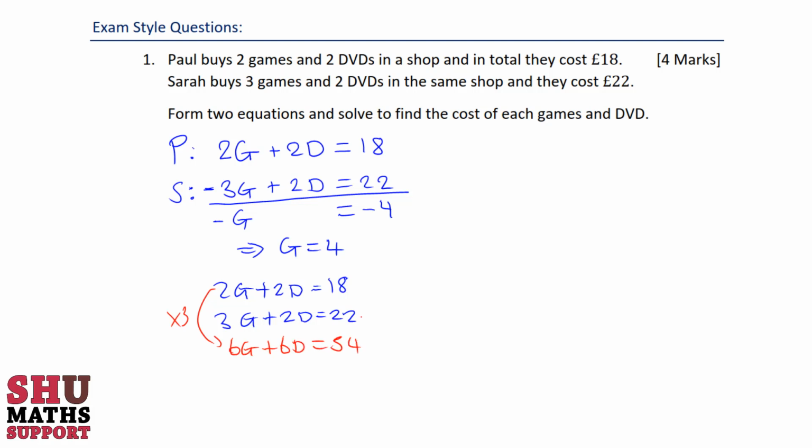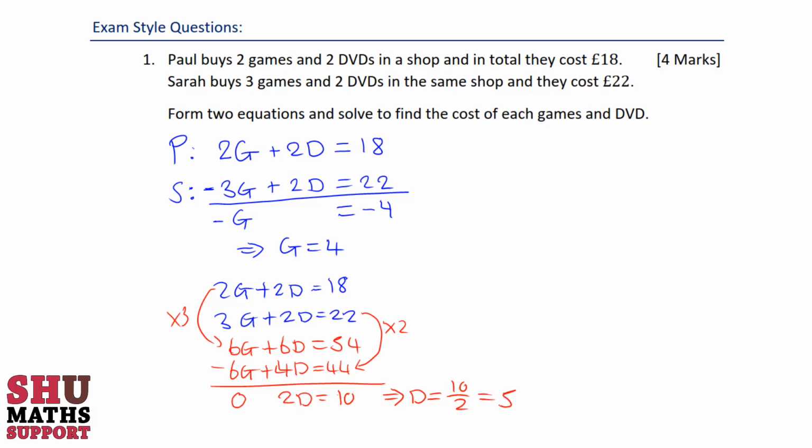And we're going to times the second equation by 2, so that we get 6g plus 4d, which is equal to 44. And then we'll subtract the second equation from the first equation, so we have 6g minus 6g, which is 0, and then 6d minus 4d, which is 2d, and 54 minus 44, which is equal to 10. So this implies that d is equal to 10 over 2, which is equal to 5.